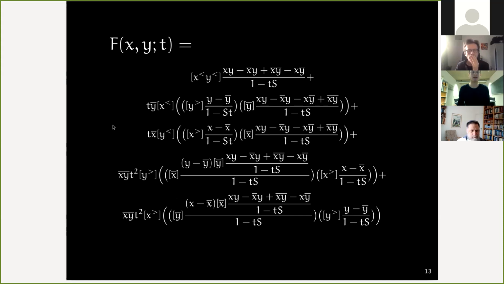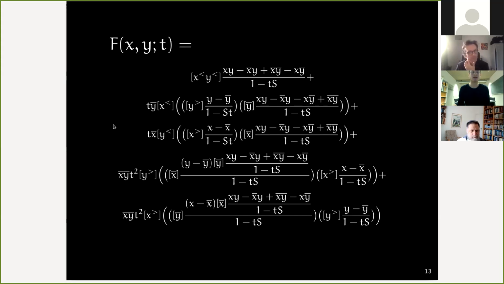And since rational functions are D-finite, and the class of D-finite functions is closed under part extractions, this implies that f is D-finite.